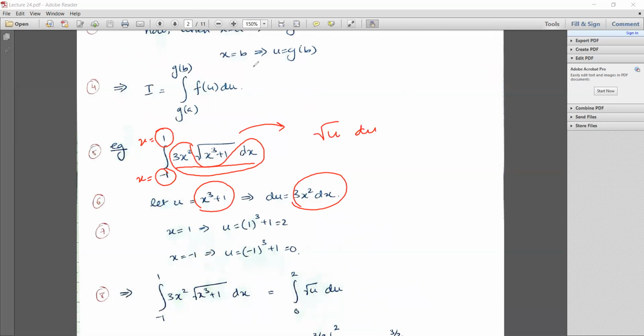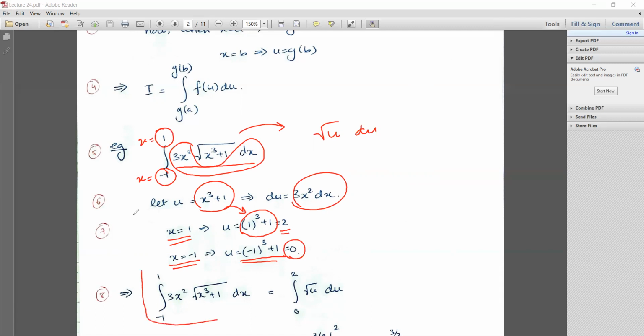But I also have to change the limits of integration. So when x is equal to 1, u will be equal to, remember, u is x cubed plus 1, so u will be equal to 1 cubed plus 1, which is 2. And when x is equal to -1, u will be equal to (-1) cubed plus 1, which is 0.